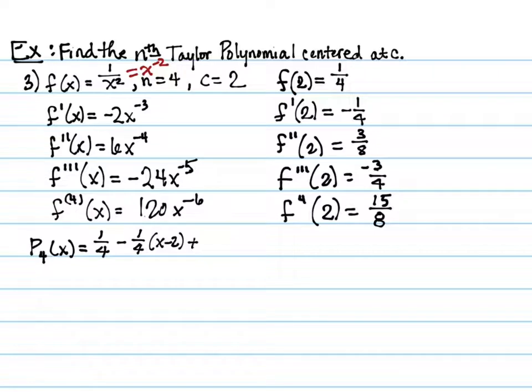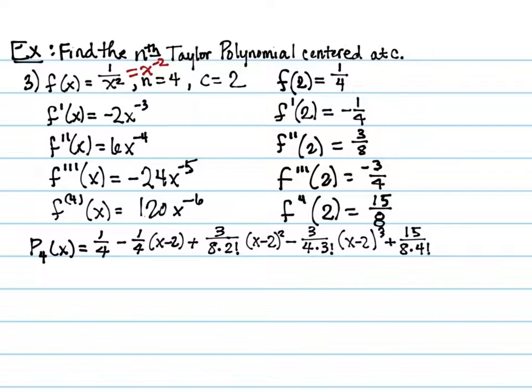And then I have plus 3/8 and then the 2 factorial in the denominator, so it's 8 times 2 factorial, and then I have x minus 2 squared, minus 3/4, and then, I'm sorry, 3 factorial in the bottom. I didn't write that one right at all. Is that better? 3 factorial? Yeah. x minus 2 cubed, plus 15/8, so 15 over 8 times 4 factorial, x minus 2 to the 4th.